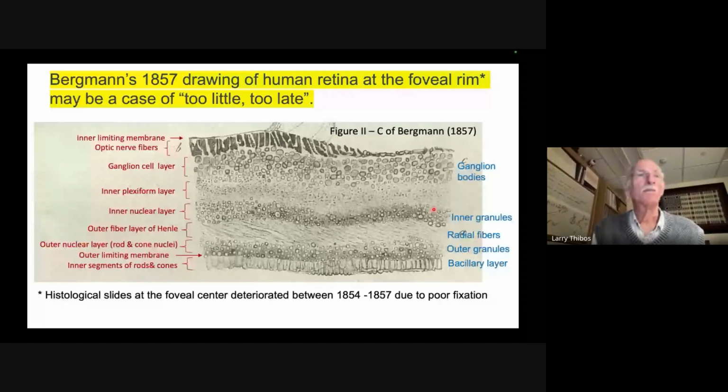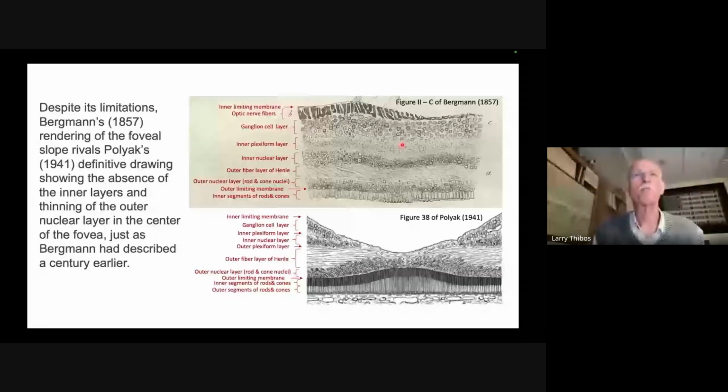Now, if you make a comparison between that figure from Bergmann, the best he had available, and a really definitive drawing of the same kind by Polyak, which is reproduced many, many times. Just about any textbook of retinal anatomy in the 20th century includes a picture from Polyak, one like this, and you'll see they're very similar.